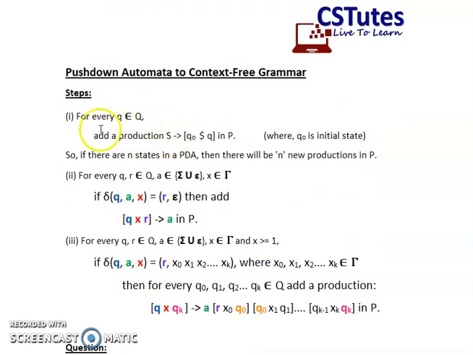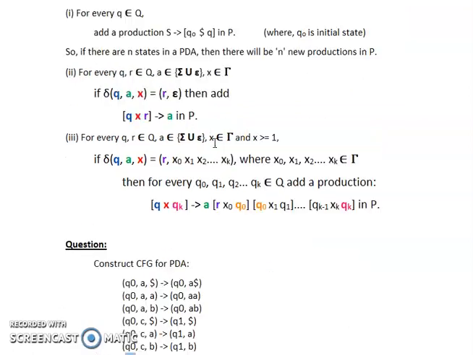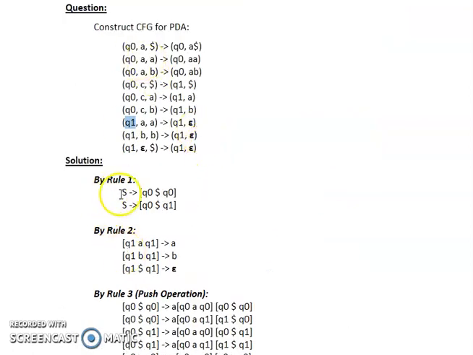According to the first step, for every state Q, add a production: start state tends to Q0 dollar as it is, and then you have to add the Q. So for rule 1, S is in the starting, and since there are two states, we are going to take Q0 and Q1 over here.